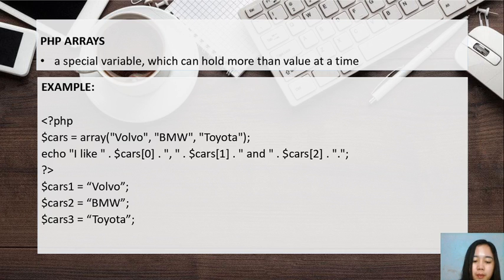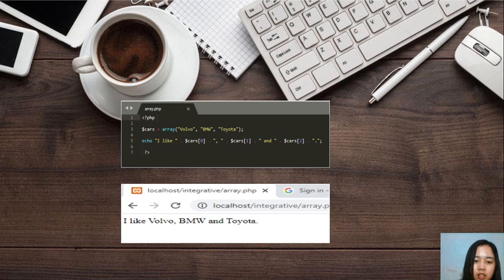This makes searching easier. There are three types of arrays. First is indexed arrays, arrays with a numeric index; associative arrays, arrays with named keys; and multidimensional arrays, arrays containing one or more arrays.